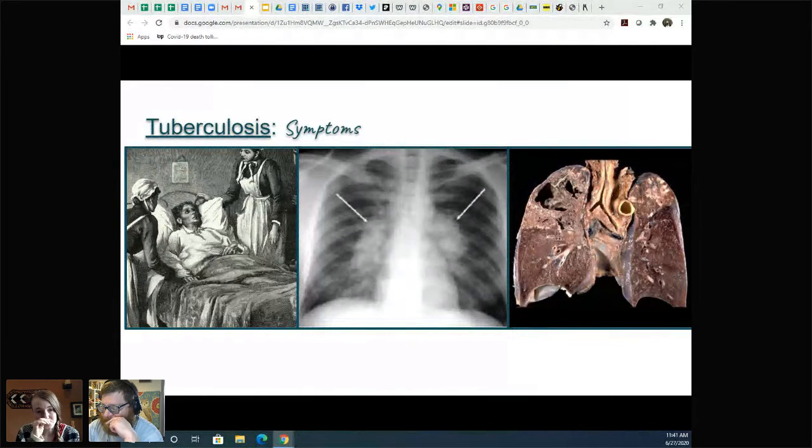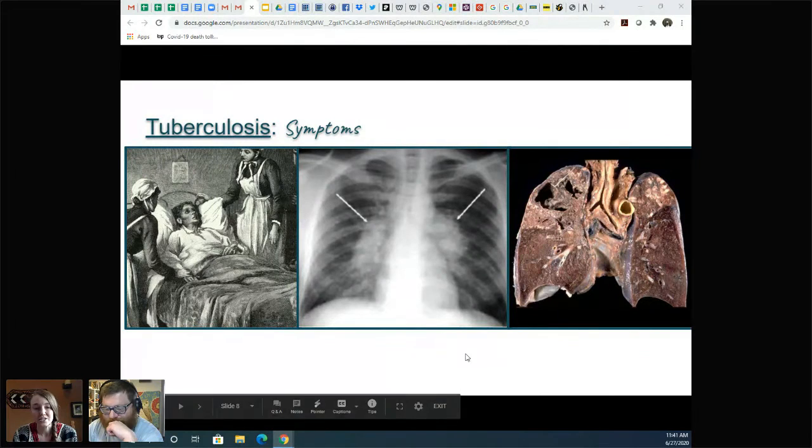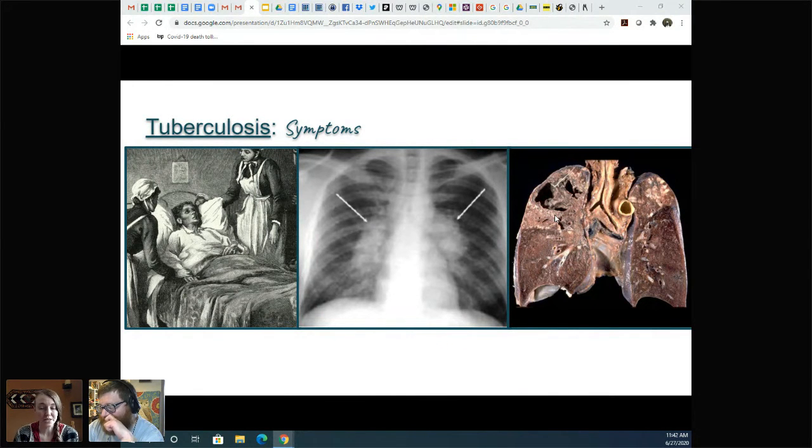All of these white marks are that degradation in the lung. That eventually leads to, as you can see in the upper part of the lung, these holes, which result in bleeding into the lungs and eventually organ failure. So it's a really terrible, long, drawn-out way to die.